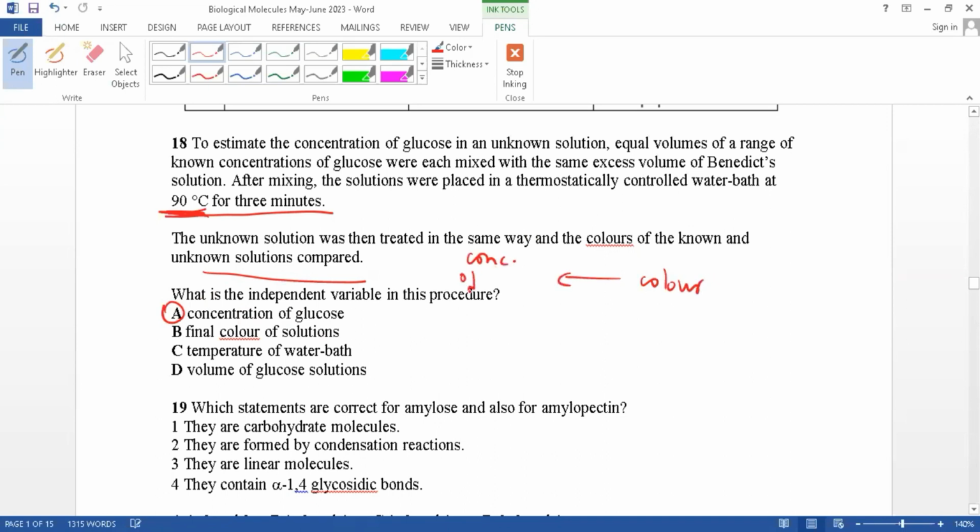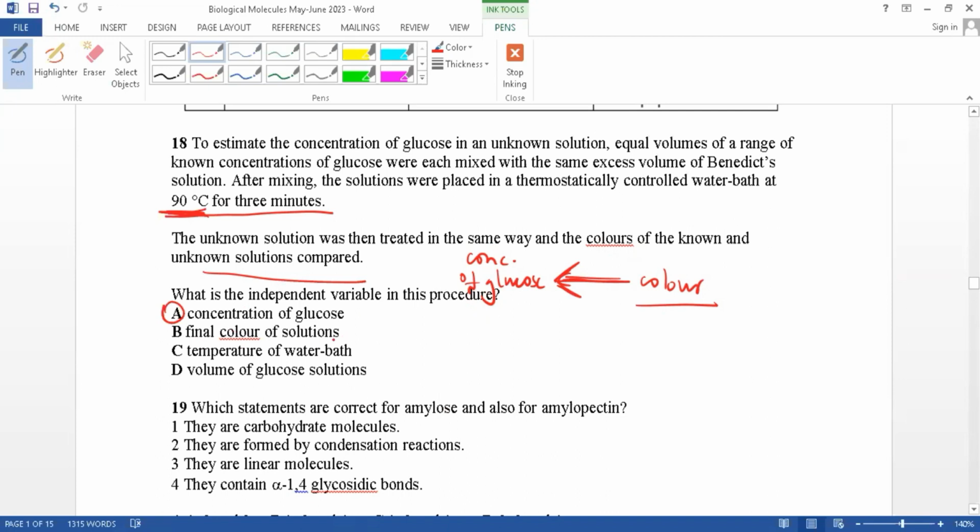The more the concentration of glucose, the more will be the color of the brick-red precipitate, or bright red precipitate, or if it is not even red, orange or yellowish orange. So the strength of the color and the different ranges of color are because of the concentration of glucose. So color is dependent over here, and concentration of glucose is the independent variable.